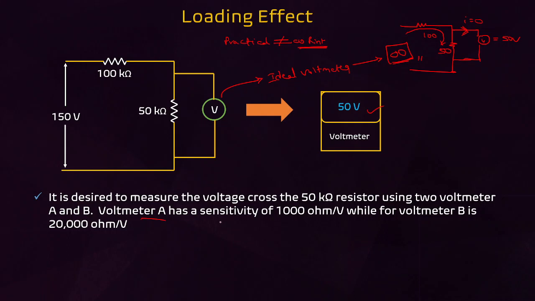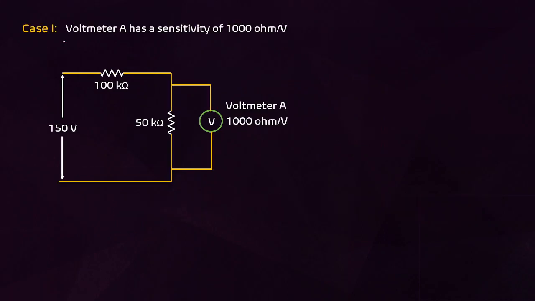Voltmeter A has a sensitivity of 1000 ohm per volt, and voltmeter B has a sensitivity of 20,000 ohm per volt. Let me take the cases. Case 1, voltmeter A has a sensitivity of 1000 ohm per volt. Now let me calculate the resistance of this.